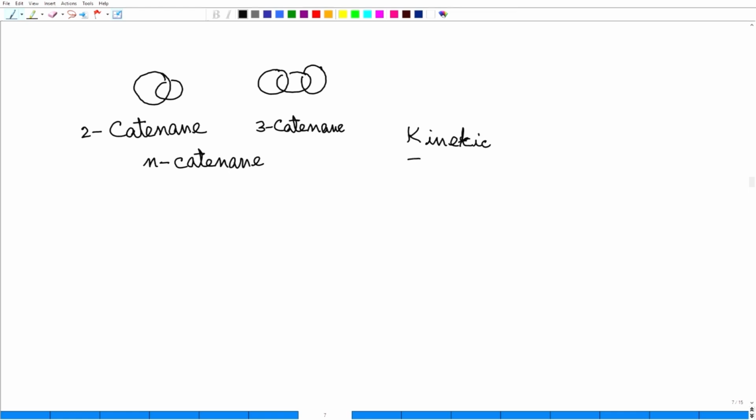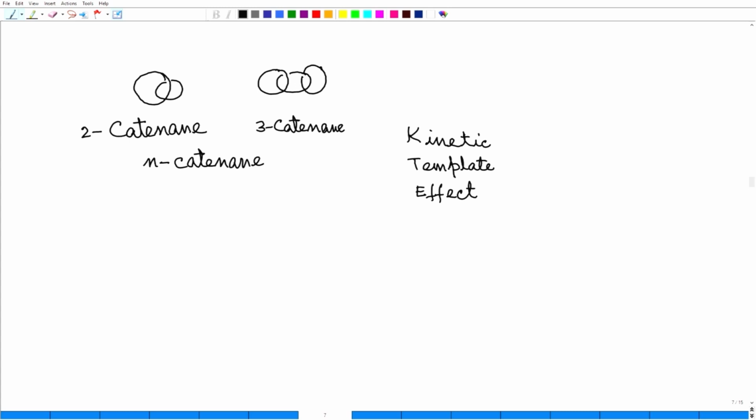Kinetic template effect. So, after rotaxane and pseudorotaxane, this is another entangled structure, another interlocked structure.